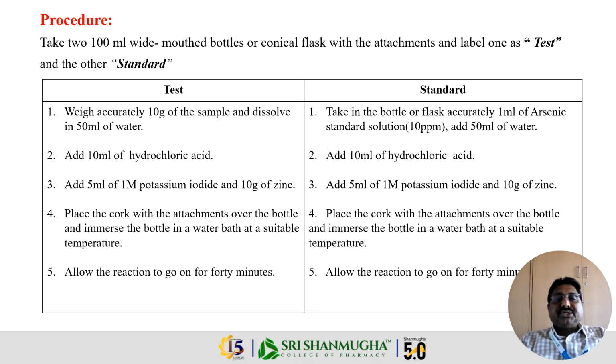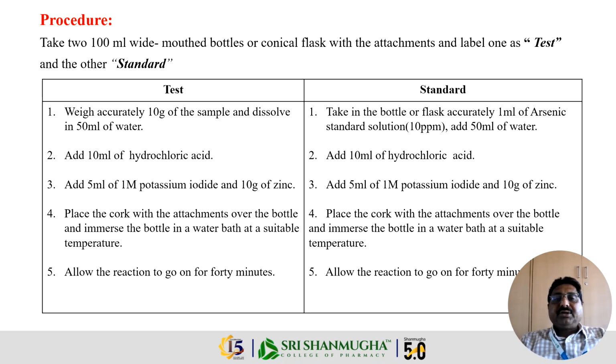The next is the procedure. Take two bottles with the same apparatus. Label one bottle as test and the other bottle as standard. In the test bottle, take the sample solution.